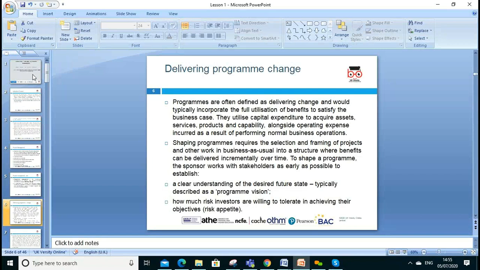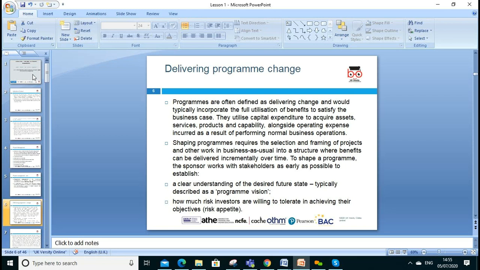Shaping the program requires the selection and forming of projects and other work in business as usual into a structure where the benefits can be delivered incrementally over time.